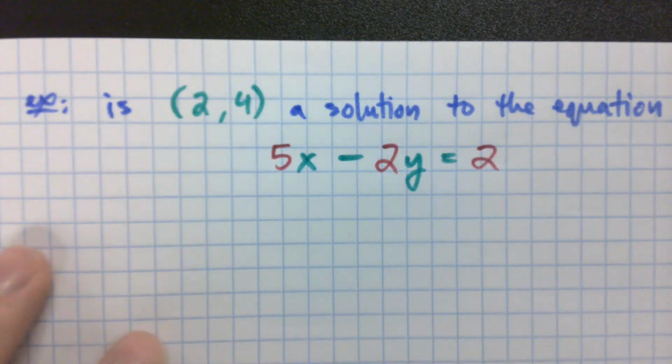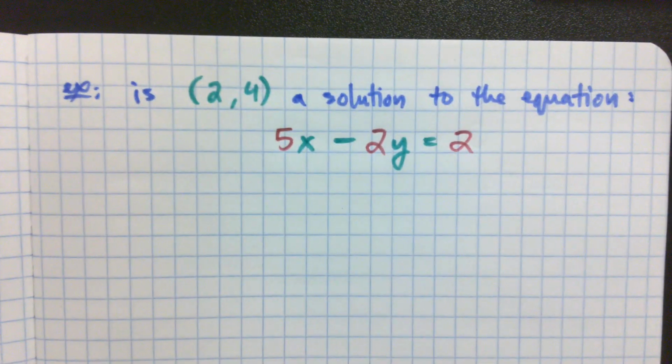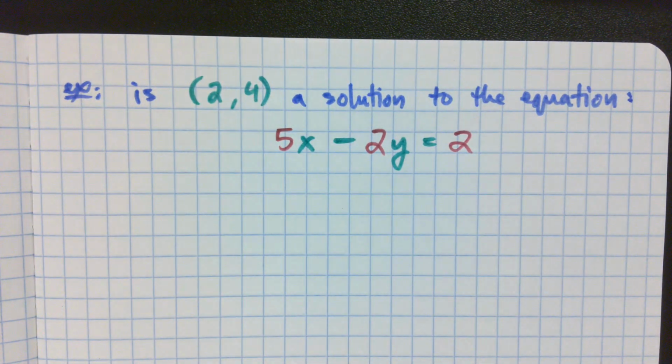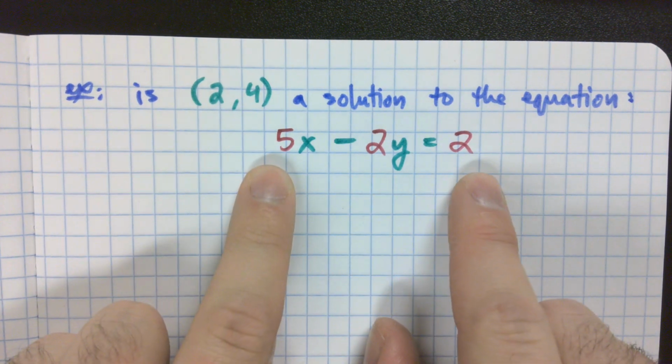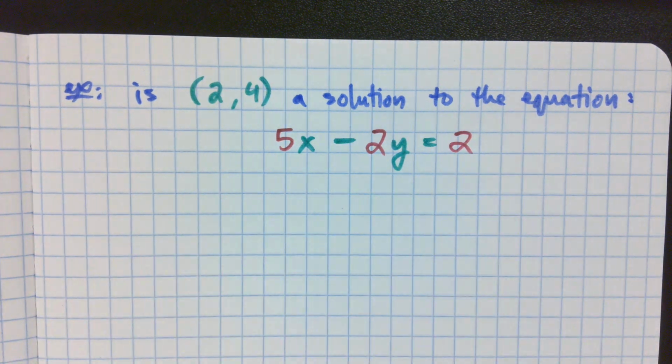So it's an equation in standard form, Ax plus By equals C. Well, in this case, Ax minus By equals C, where A, B, and C are all numbers or constants, and x and y are just variables or letters. So we're asked a very specific question. Is (2, 4) a solution to that equation?